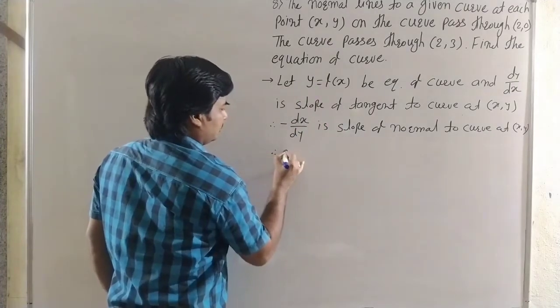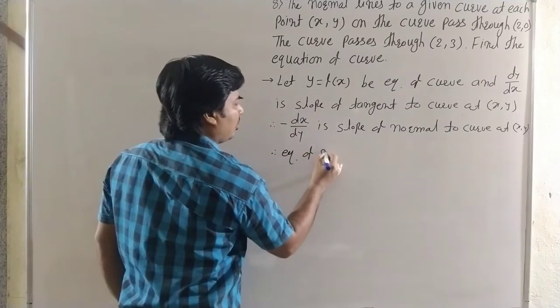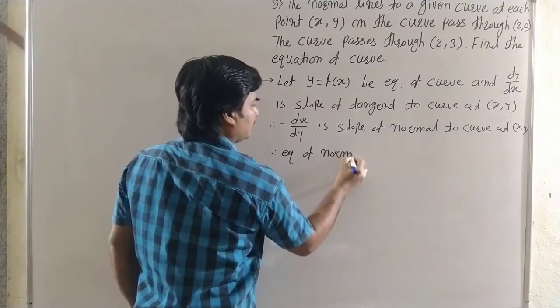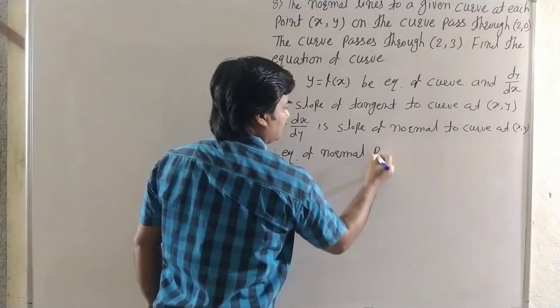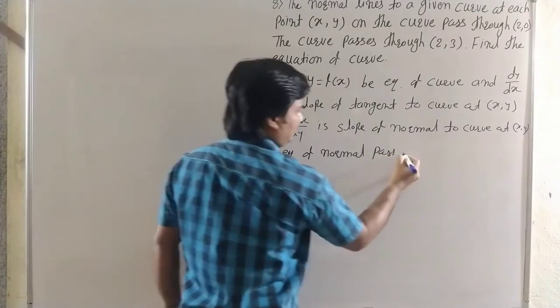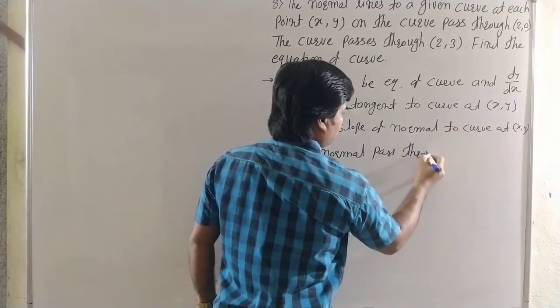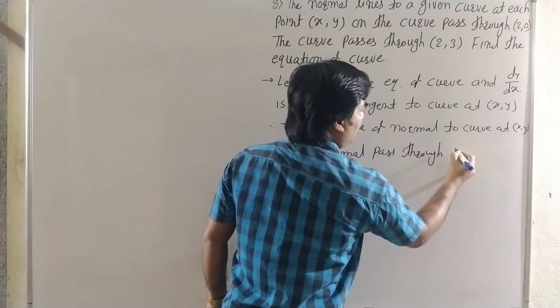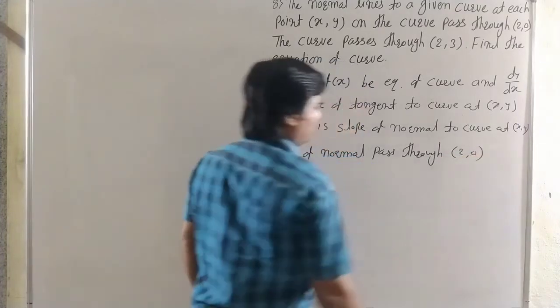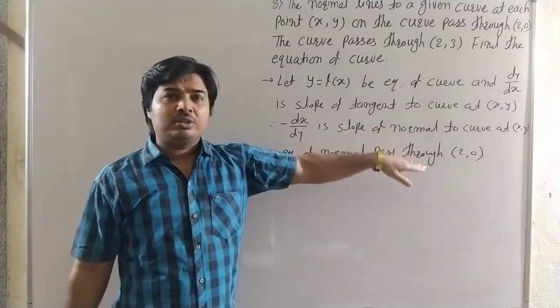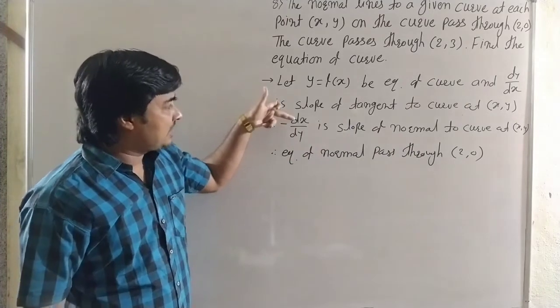Therefore, the equation of the normal passing through 2 comma 0. Here the normal passes through 2 comma 0 and the slope of the normal is minus dx by dy.